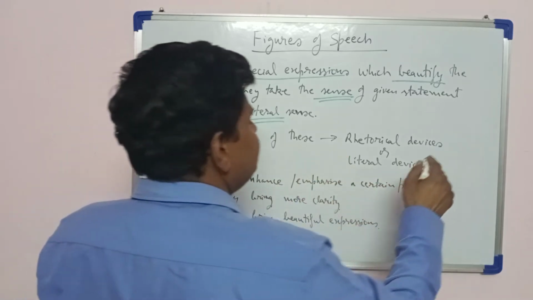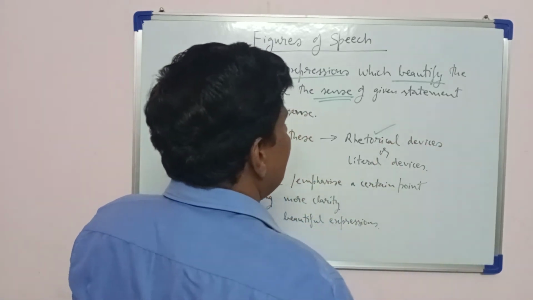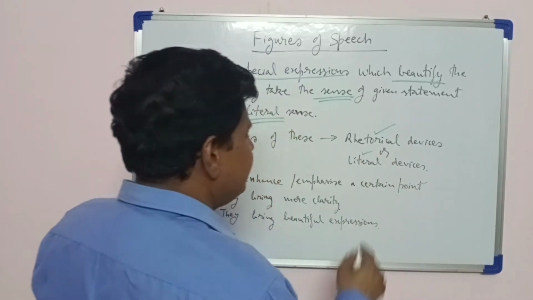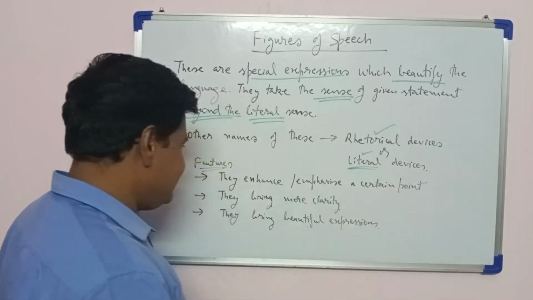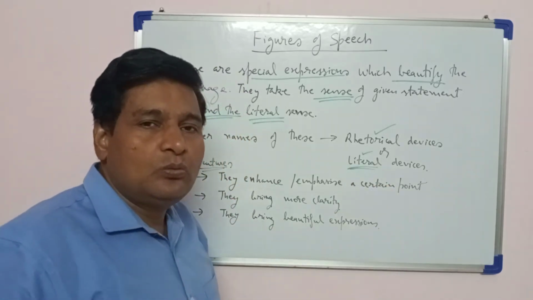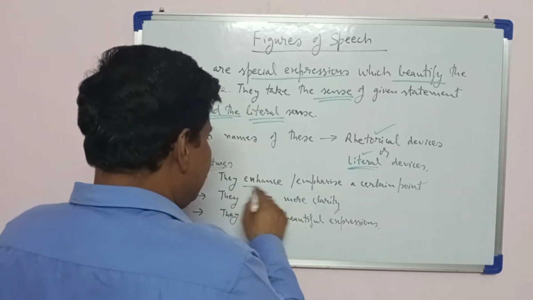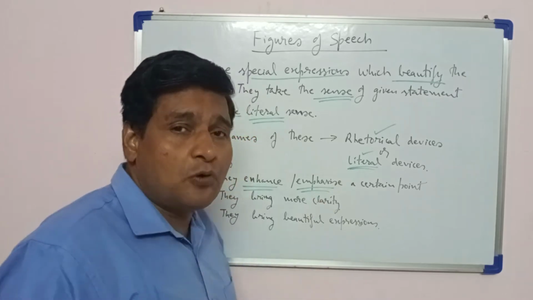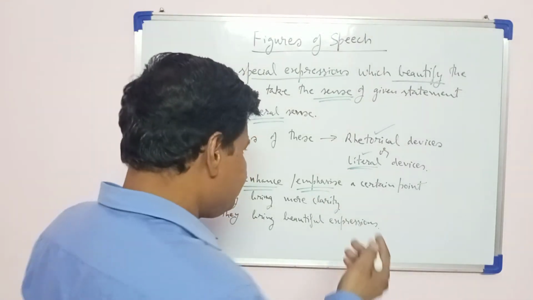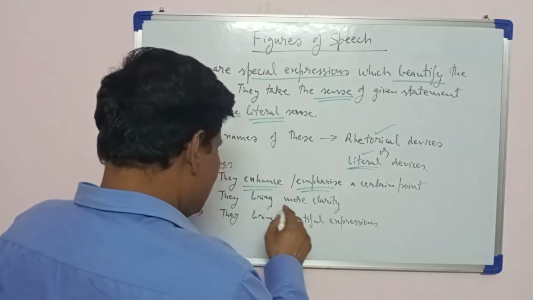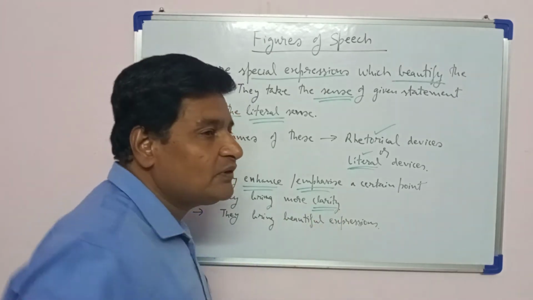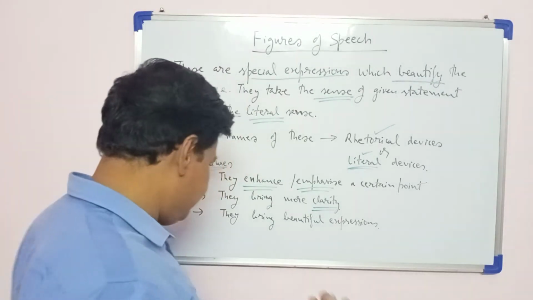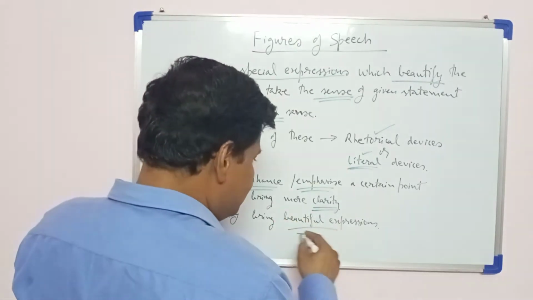The other names of figures of speech: rhetorical devices, and another is literal device or literal devices. What is their work? They enhance. Enhance means increase, or emphasize means put force, present something forcefully, a certain point. They bring more clarity. They explain a thing in a very easy way, in a brief way. And they give beautiful expressions.